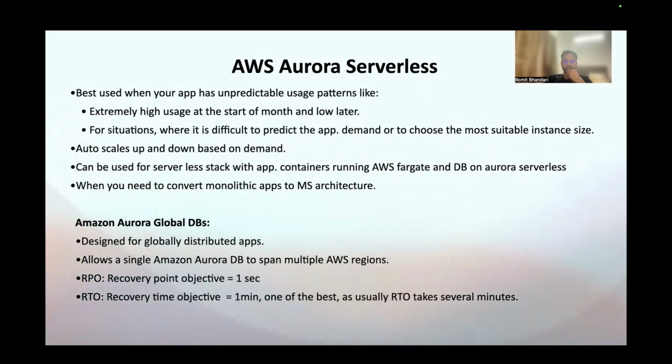So for example, extremely high at the end of the month, like month end services, or extremely high at the start or end, okay, and in the middle very low. For such situations, it is very difficult to predict the application demand or to choose the most suitable instances, because it depends on the time of the month or time of the year.